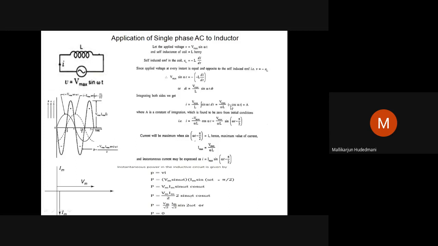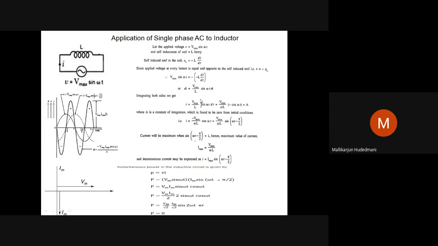Cos omega t is 90 degrees ahead of sin omega t, minus cos omega t is 90 degrees behind sin omega t. Applied voltage is sin omega t. Resultant current is minus cos omega t. It will stand exactly 90 degrees below this vector.